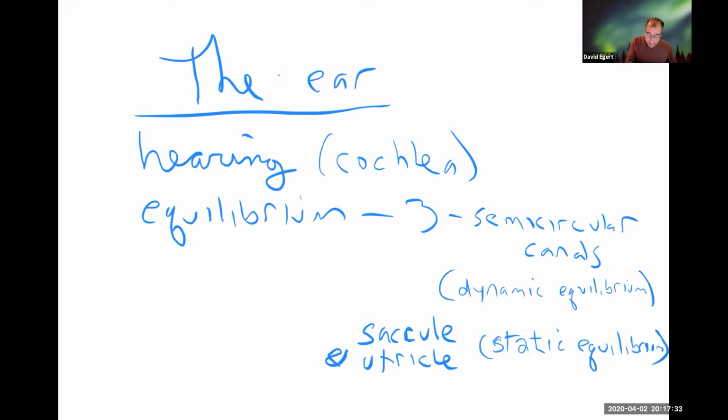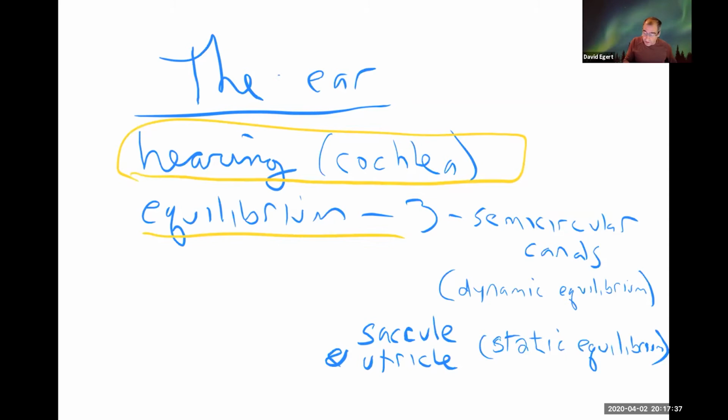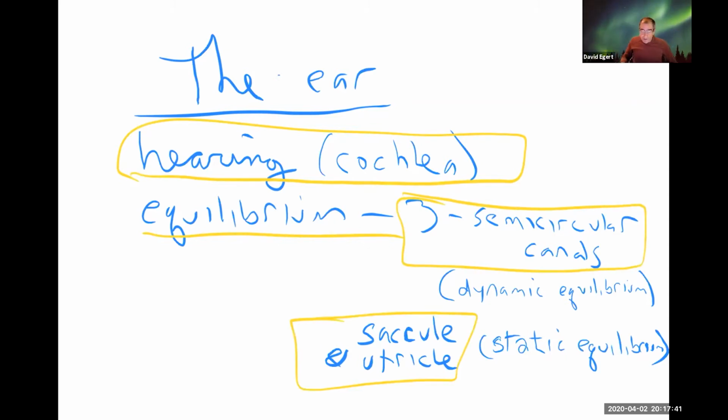So we are going to definitely look at the cochlea and hearing, but we're also going to be looking at the 3 semicircular canals, the saccule and the utricle. So the ear is a lot more than just the hearing. At the core of all of these is going to be mechanotransduction. If you think about what hearing even is, you're listening to sound. Sound is air vibrations that are wiggling your eardrum.